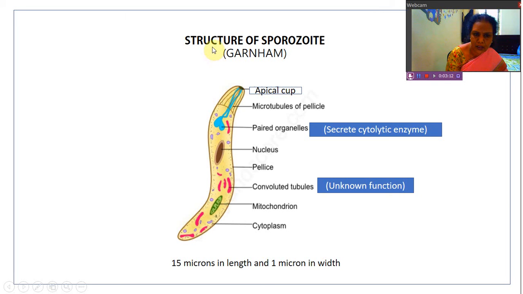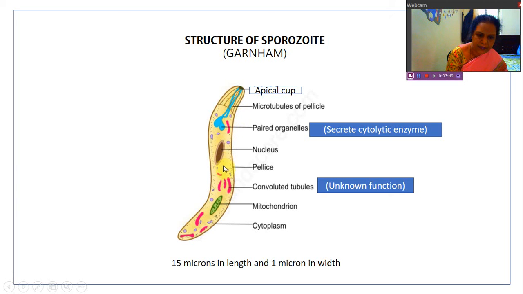What is the sporozoite? It is the infective stage of Plasmodium vivax. And the structure was discovered by scientist Garnham. This is the apical cup with which it attaches to the liver cells, and these are the secretory organelles which release cytolytic enzymes, and the pellicle with microtubules which gives it wriggling movement.